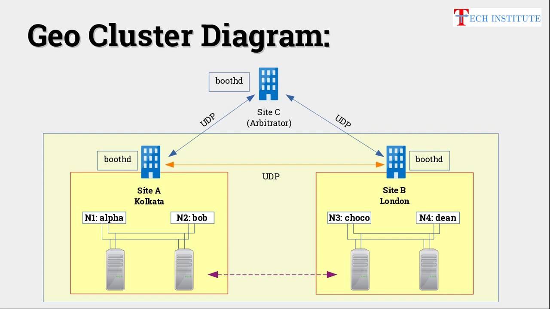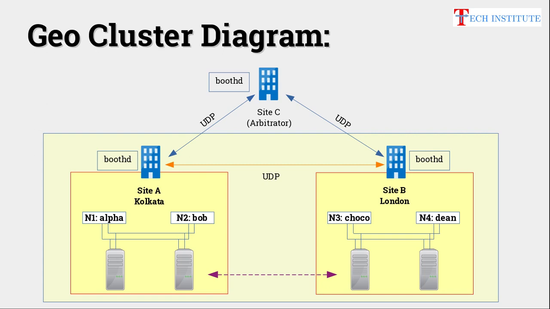interconnected, and all the sites communicate with each other using the UDP protocol. Why UDP? Because you can understand that one site is in London, one site is in Kolkata, and if you try to use the TCP communication method, it will wait for the TCP packet handshaking and all those things. So you may have latency, you may have packet drops in your network because of the long distance.